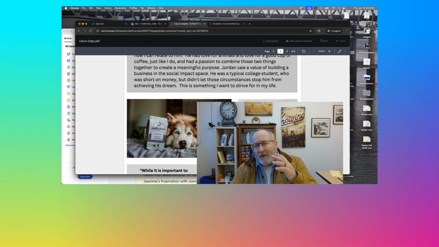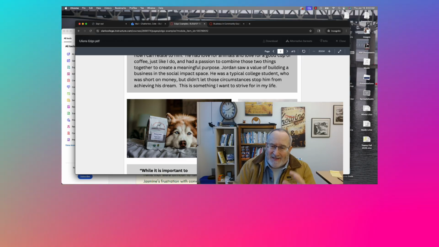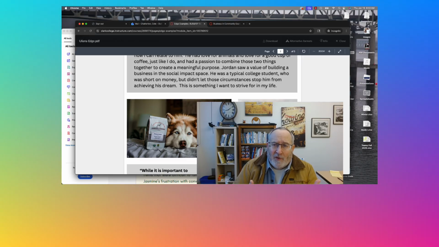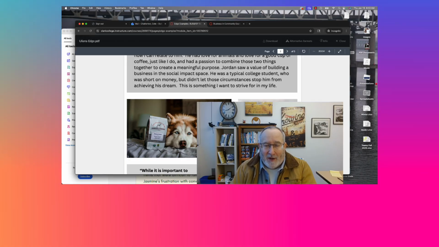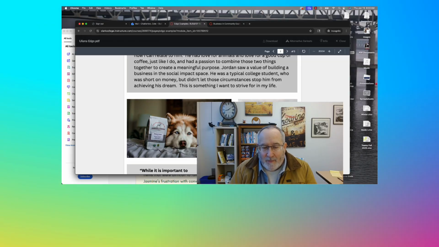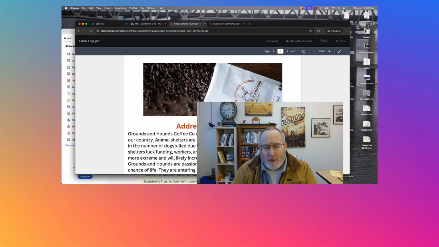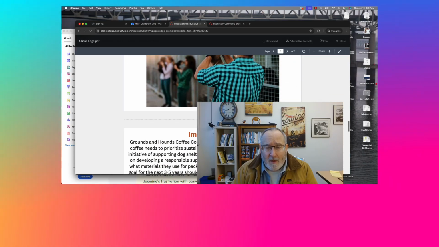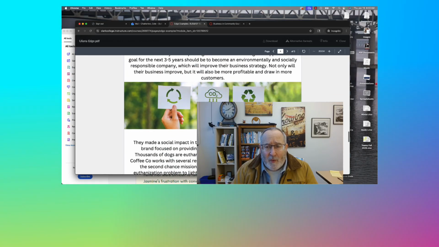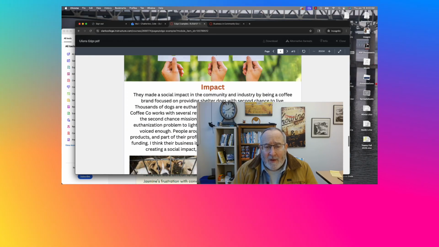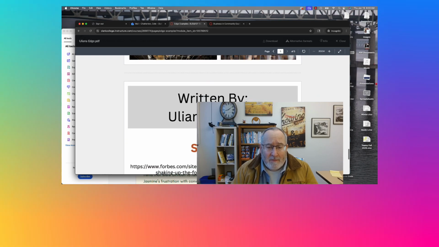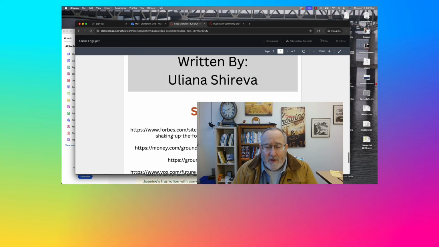And the balance of pictures and how it's designed is inviting to the reader to want to look at the document. If you have a picture of a beautiful dog like this, I'm reading it. I've got a dog. Competitive advantage, also addressing a problem. What did Jordan do to address a problem? Improvements that she thought were possible, impact, and then who she is and the sources she used.